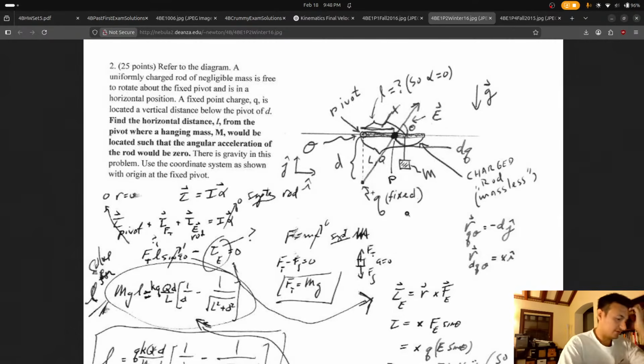Okay, so now I think we're ready with our elements. So we're going to have R_E cross E dq, which is equal to R, this is going to be x, 0, 0, cross 0, and this is going to be E dq, equal to kqd over R cubed j hat times lambda dx.